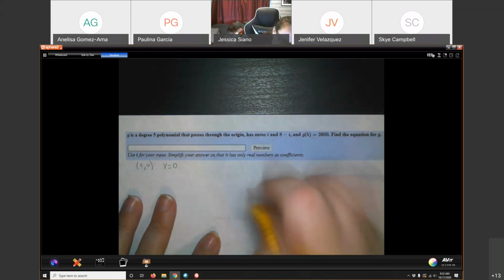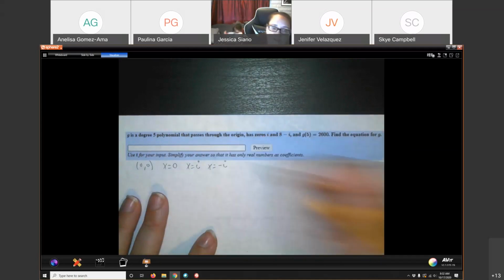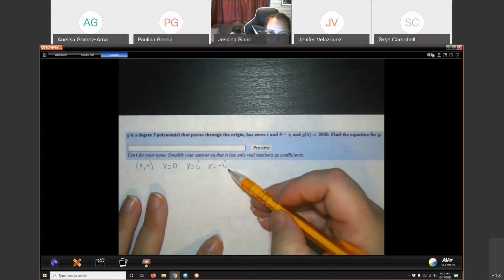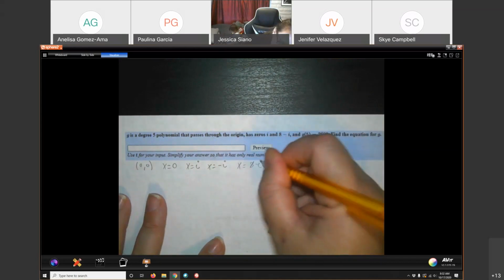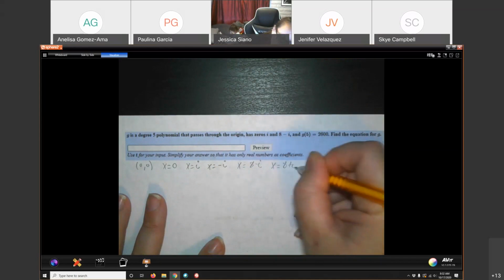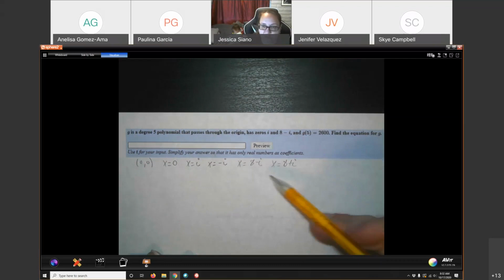I also know x equals i, which means x equals negative i, because i's always come in pairs. And x equals 8 minus i means x also equals 8 plus i. If you have one, you have the other, always.